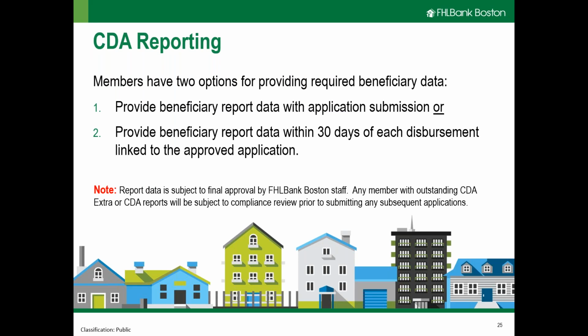I did highlight as part of this presentation the application types where reporting is required. That reporting can be provided at the time of application, or it can be provided post-approval. If it is provided after your application is approved, what will happen is once you have dispersed from that approval, so let's say, for example, you submitted an application for a first-time homebuyer program and you did not have the supporting home buyers underneath that submission.